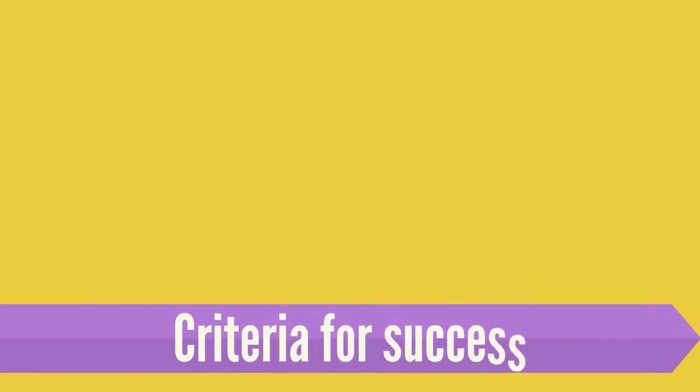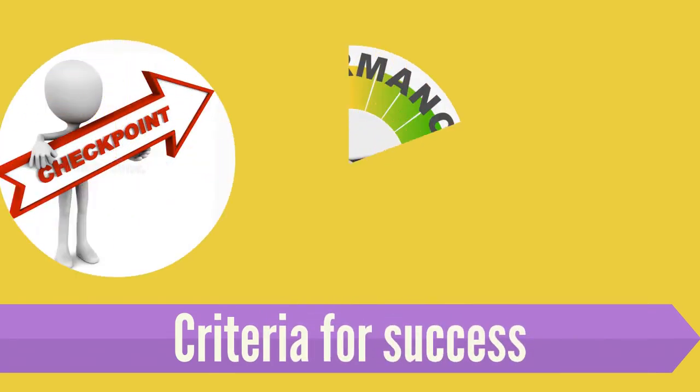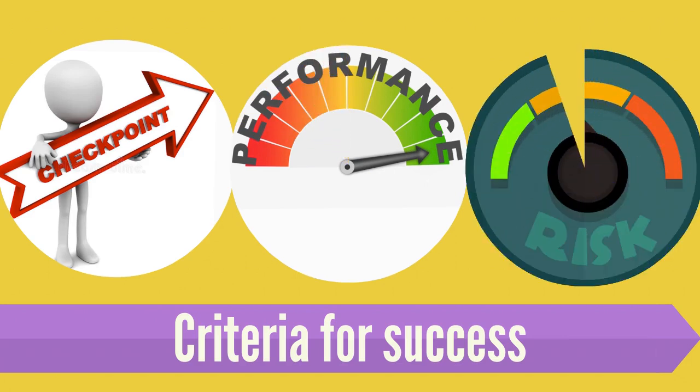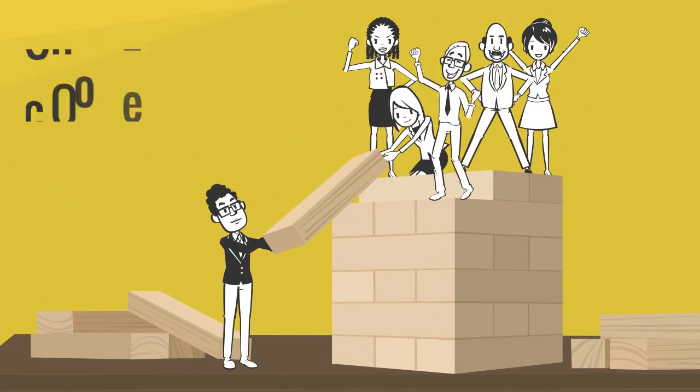To successfully monitor the implementation of a plan, the criteria for success that will facilitate monitoring must be established. These include checkpoints, indicators, contingency plans. Teamwork is vital to the success of any project.